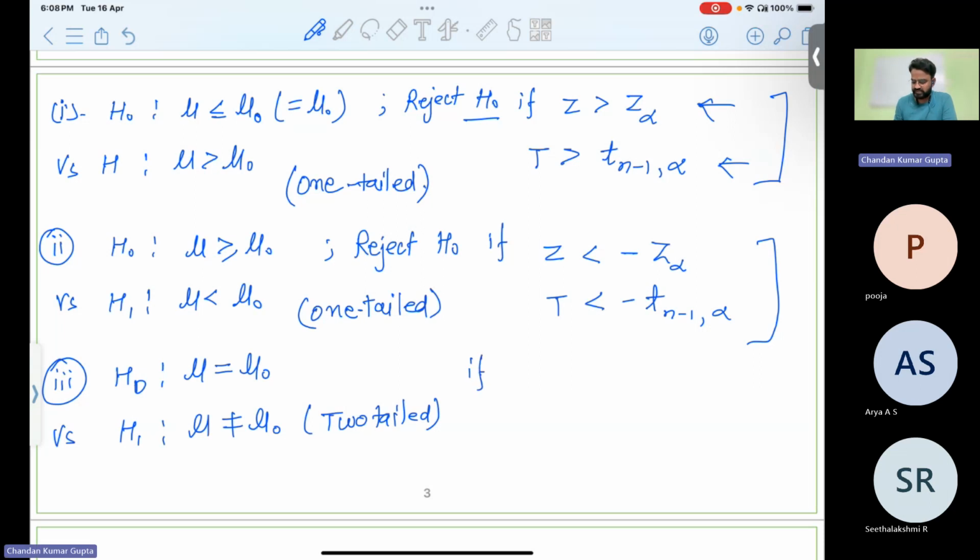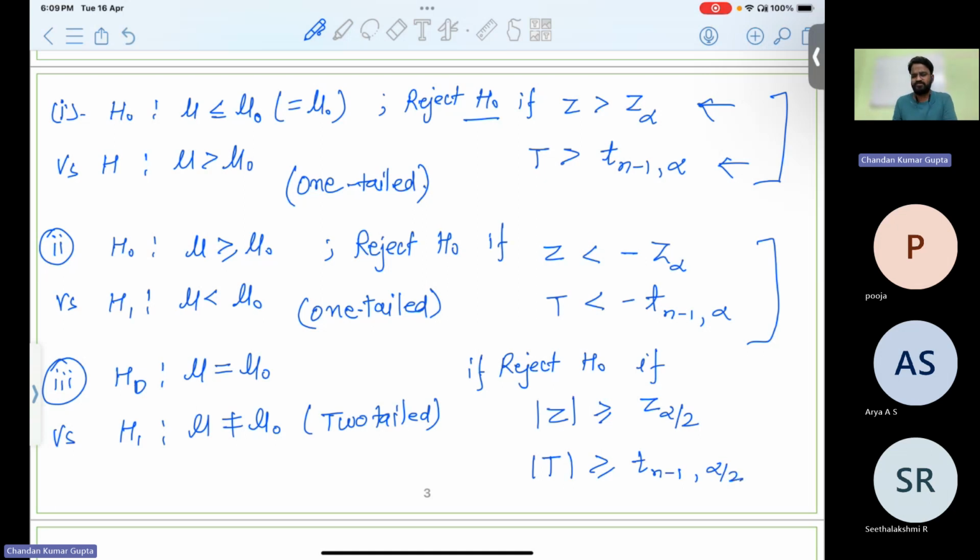So when we are discussing the third scenario, we reject H naught if, using mod Z, Z is greater than or equal to Z alpha by 2, or in a similar manner, T is greater than or equal to T n minus 1 alpha by 2.